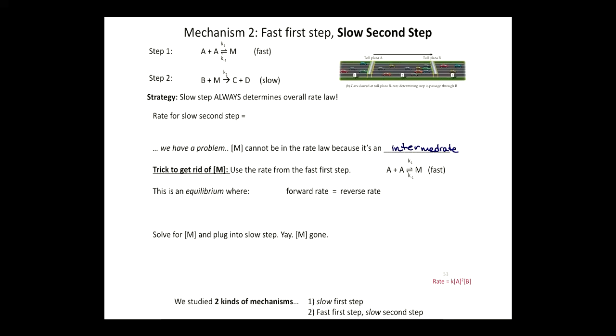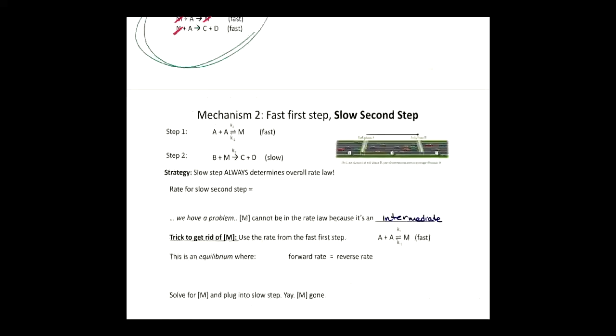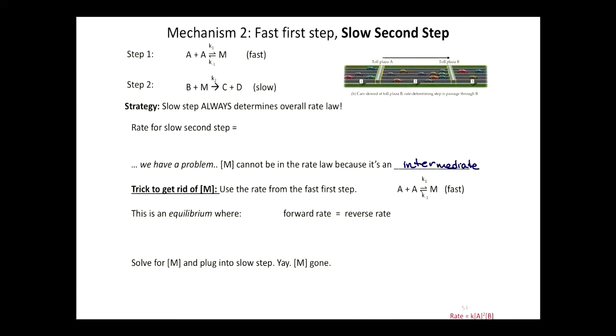So for a two-step mechanism, we're going to say that the first step is fast and it's an equilibrium. What that means is that this first fast step goes back and forth really, really quickly. And that second step is the slow step. So this is the strategy, and it's actually exactly the same, okay?